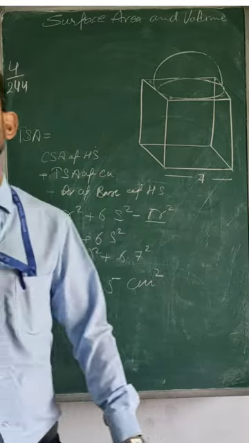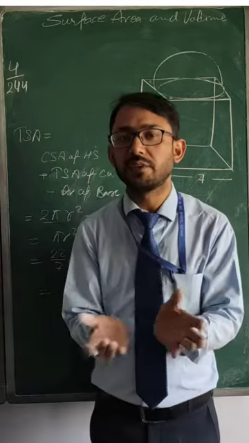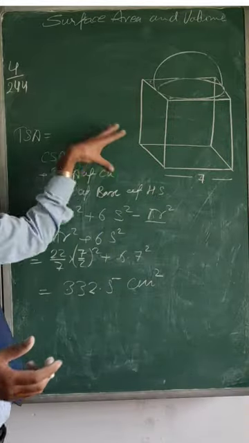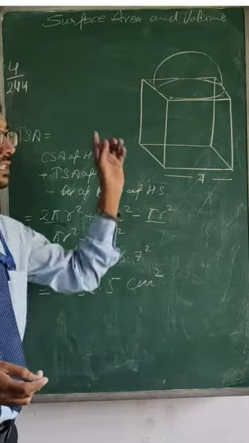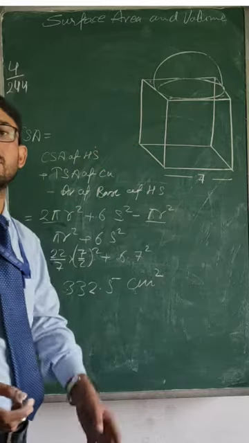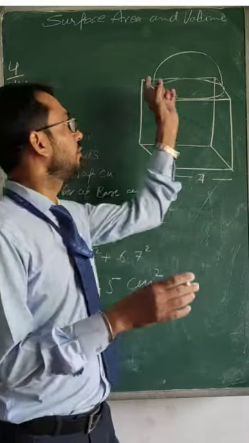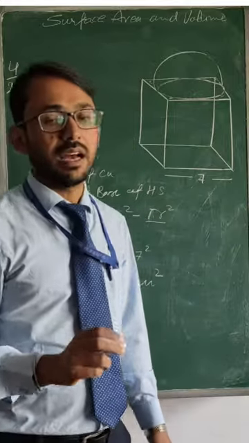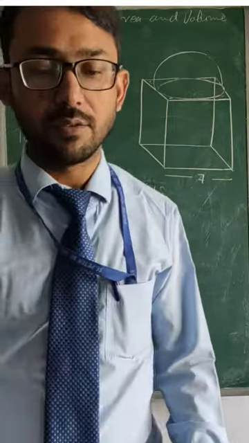It is the total surface area of this solid. And the greatest diameter, as I have already told you, will be equal to the side of the cube, that is 7.